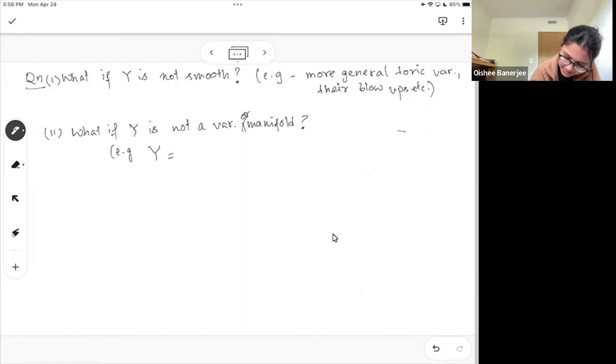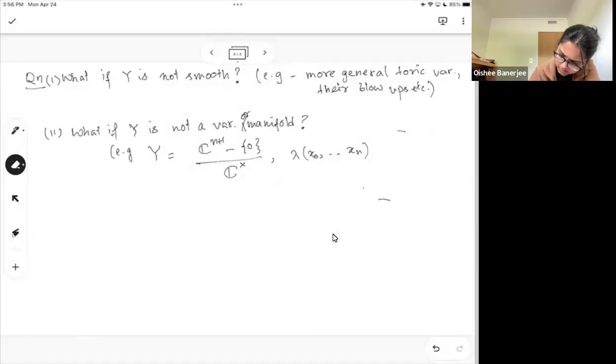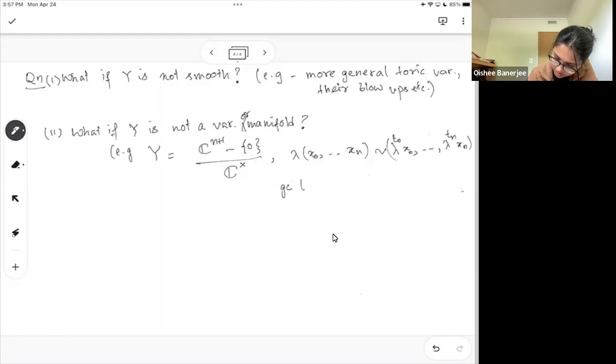For example, what if Y is something as simple as you take the complex projective space, you take out the origin, and you take the quotient by the non-zero complex numbers, where the action is something like lambda takes a point (x0, ..., xn) in C^(n+1) to, say, (lambda^t0 x0, ..., lambda^tn xn), where the GCD of t0 to tn is not 1.